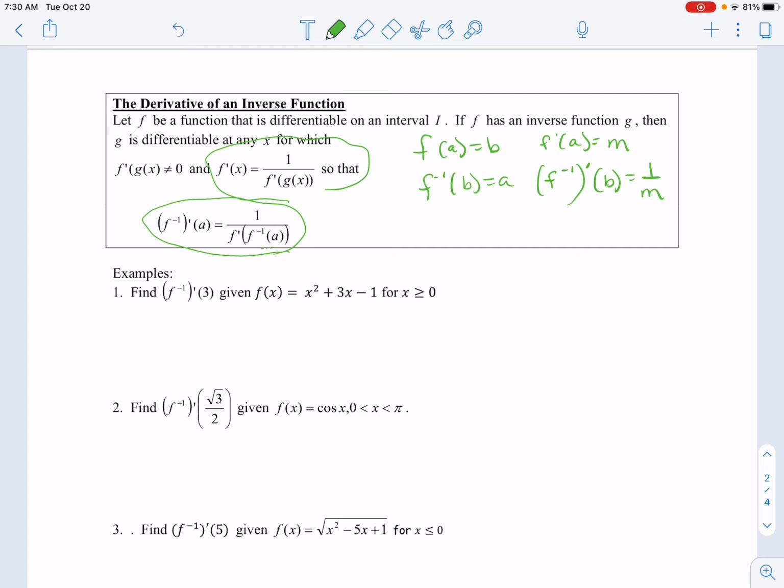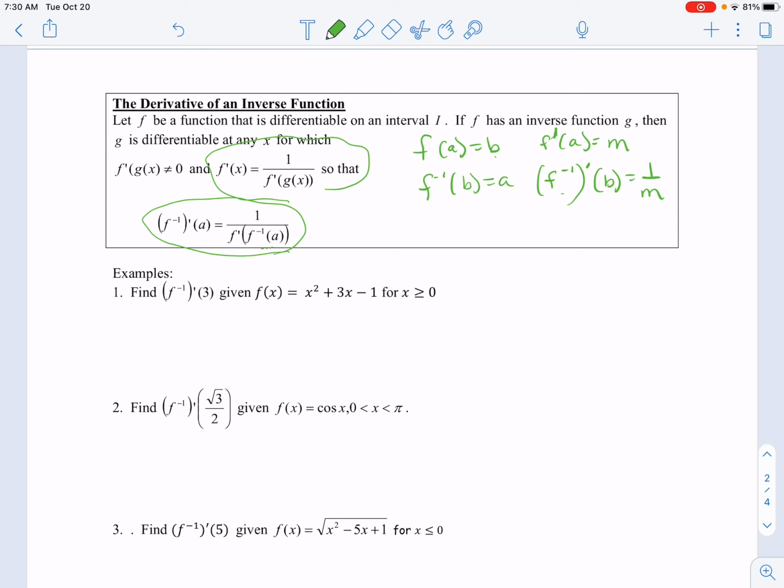Think of this: if f of a is equal to b, then f prime of a is equal to m. So f inverse of b is equal to a. Your x and y's flip-flop. So the derivative at b is the reciprocal of the derivative at a. So let's work some problems. It'll make more sense. We'll come back and talk about that when we get done.